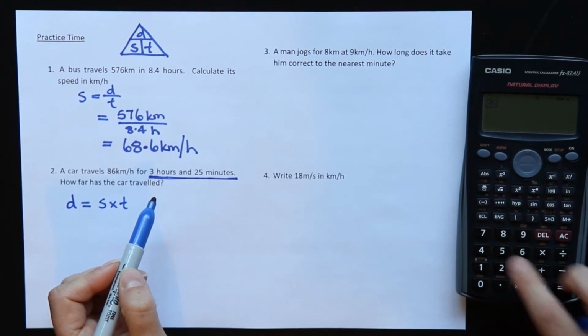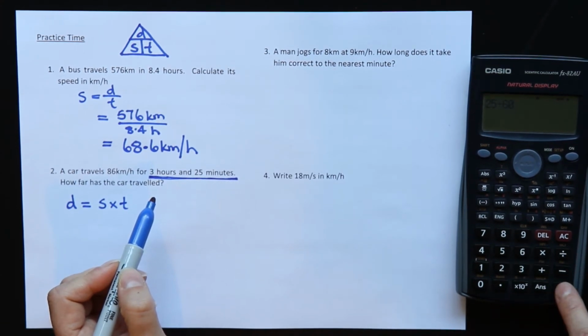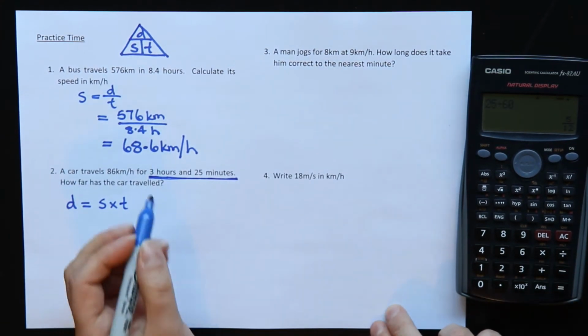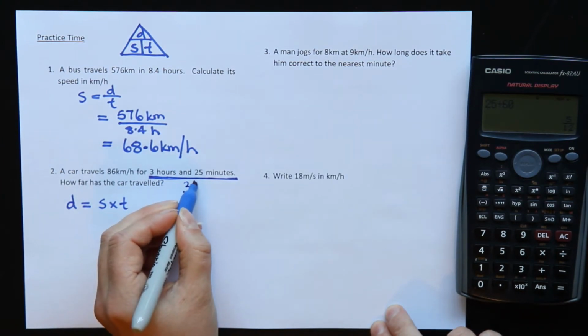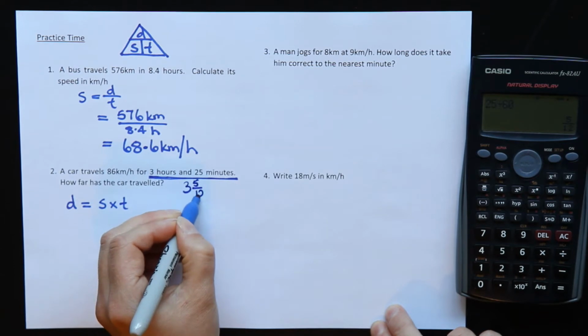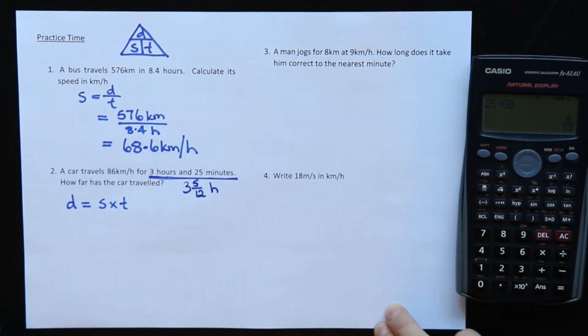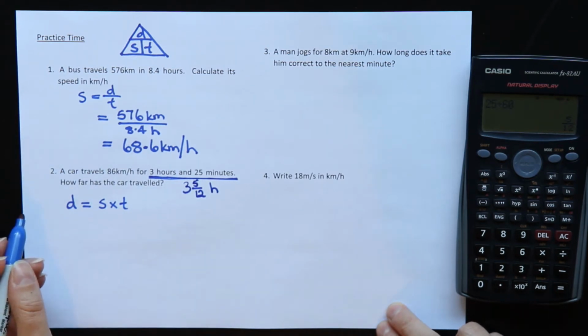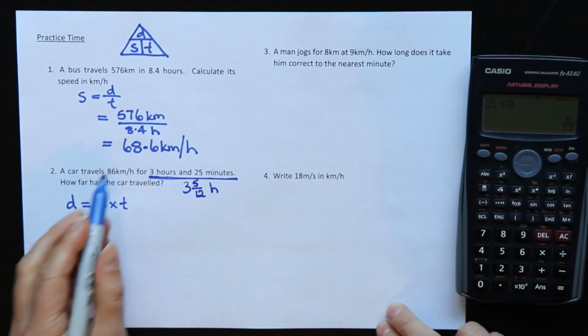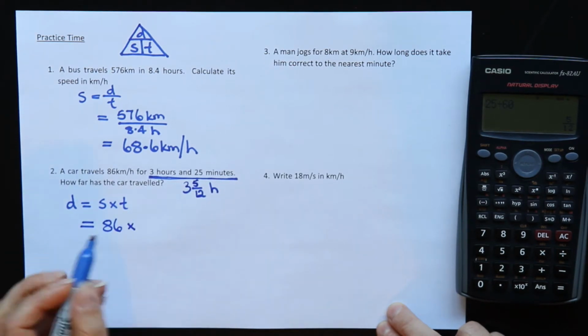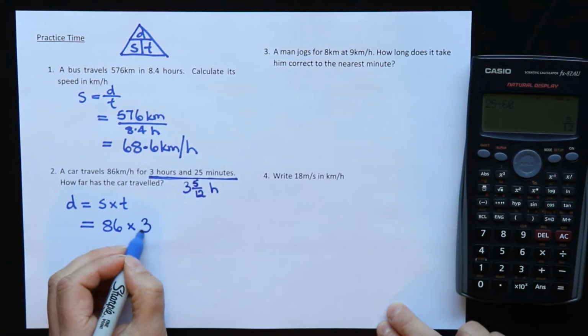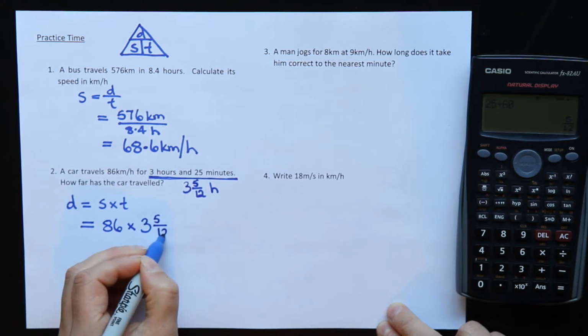To change 25 minutes into hours, we divide it by 60, and it's 5/12 of an hour. So that's 3 5/12 of an hour. Okay, it's just under half an hour, isn't it? 25 minutes. So speed was 86 kilometers per hour, and time we need to use 3 5/12.